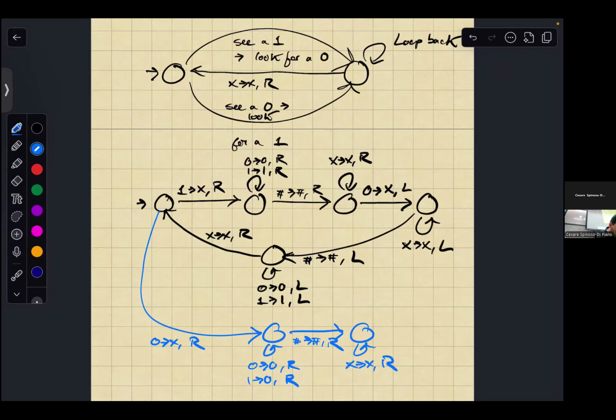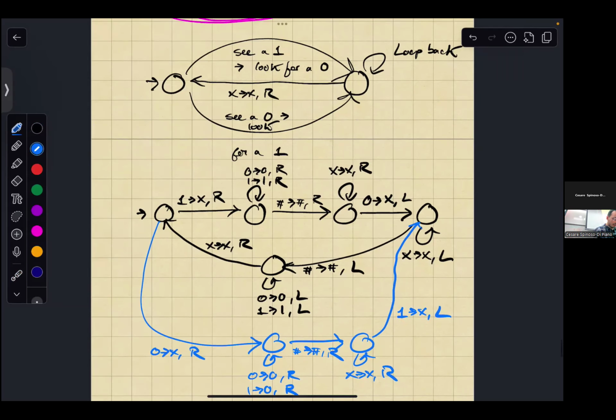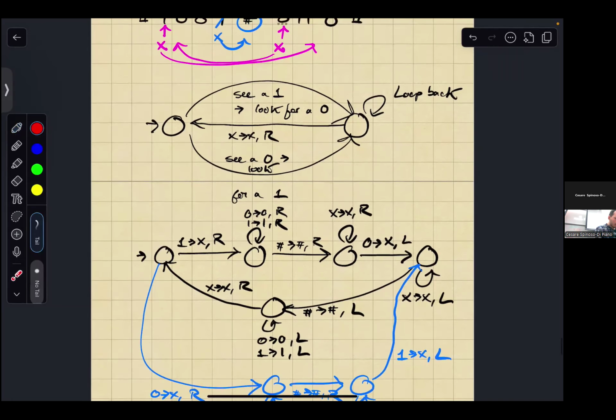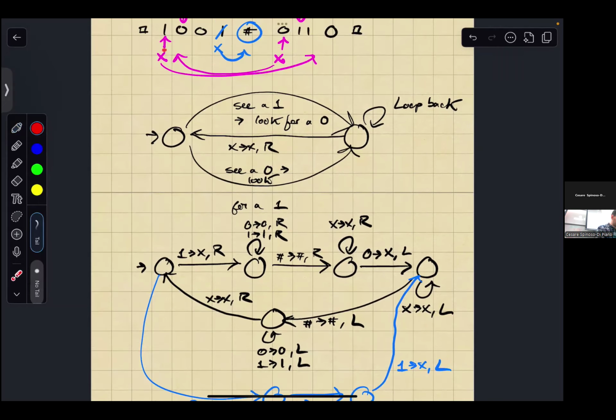If I do see a 1, though, then I can go here to start my process of looping all the way back and finding the place that I last marked X on the left part of the string. If I see a 1, because I'm doing flip of 0, then I mark it with an X and I move left. So with this logic, I was back here, then I moved here.